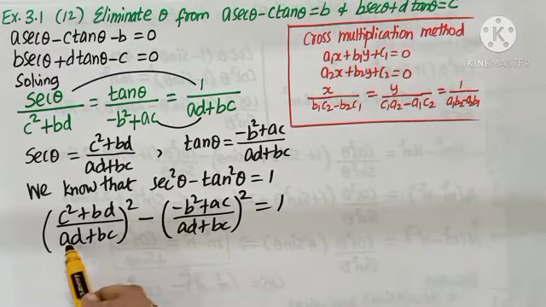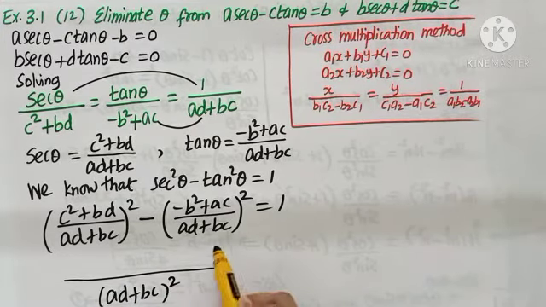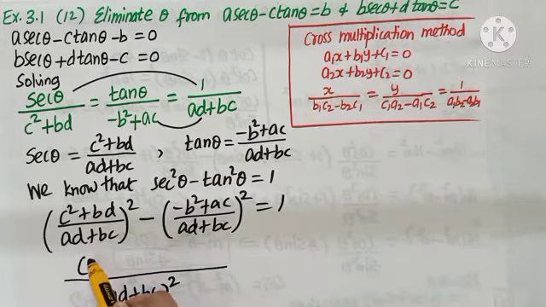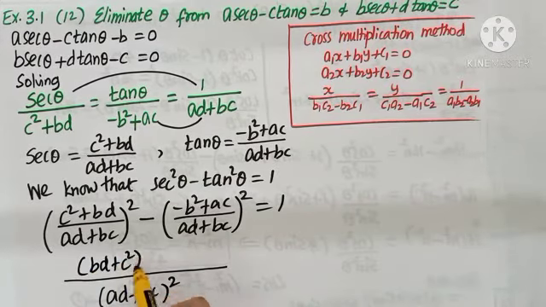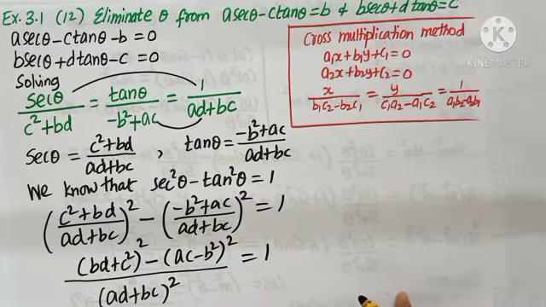Taking LCM, it is the same in the denominator. What is the denominator? AD plus BC the whole square. What is the numerator? BD plus C square the whole square minus AC minus B square the whole square equal to 1.